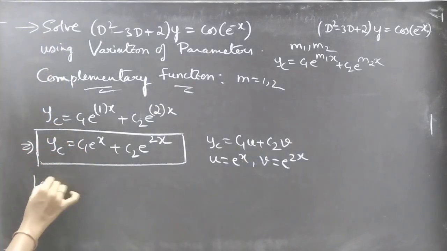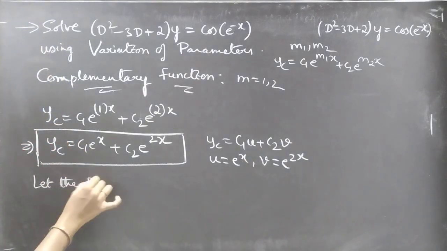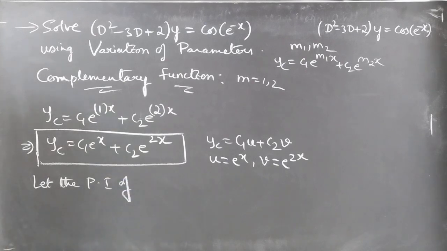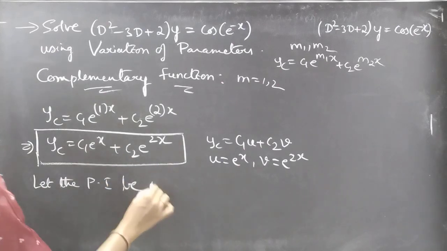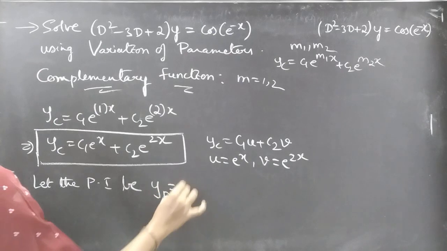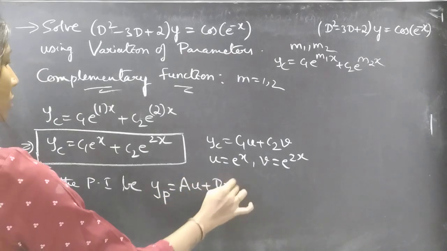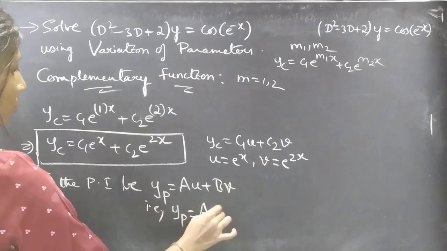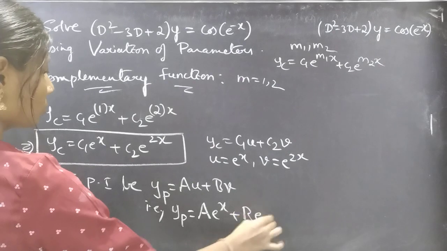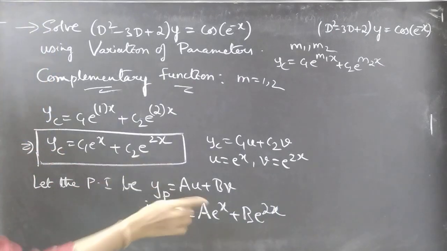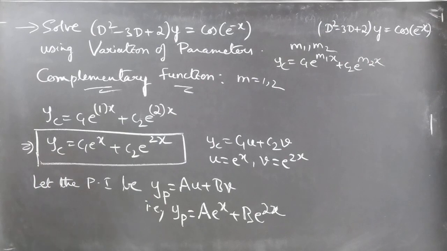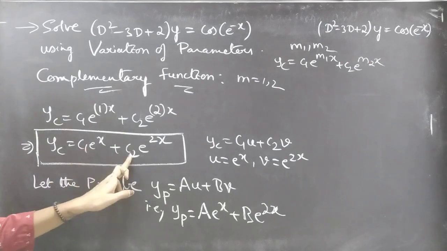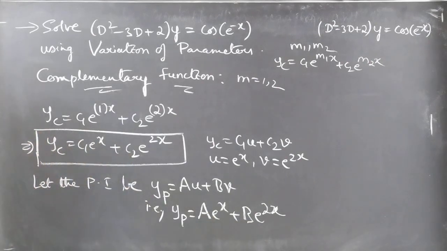Let the particular integral of equation 1 be yp = a u + b v, that is yp = a e^x + b e^(2x). We just replace c1 and c2 of yc in yp by a and b, then we'll get yp.